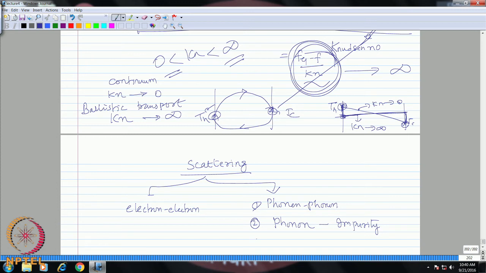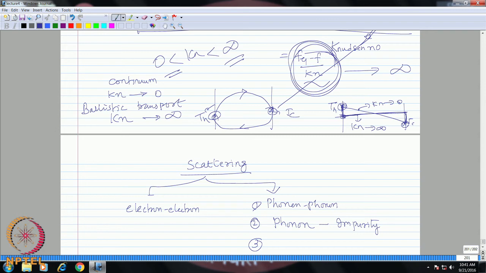And finally, if you are talking about the high Knudsen number cases, what happens to the phonon which is travelling from the left to right? So, assume there is no impurity here, there are no other phonons. So, there is no phonon phonon scattering, there is no phonon impurity scattering.